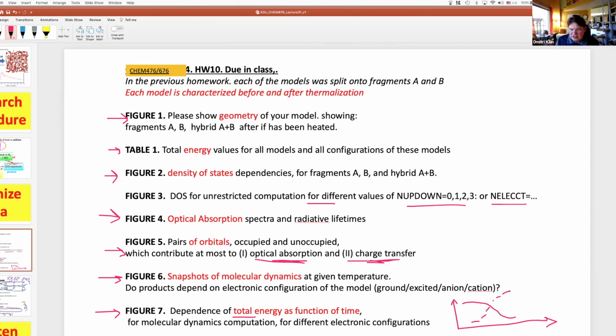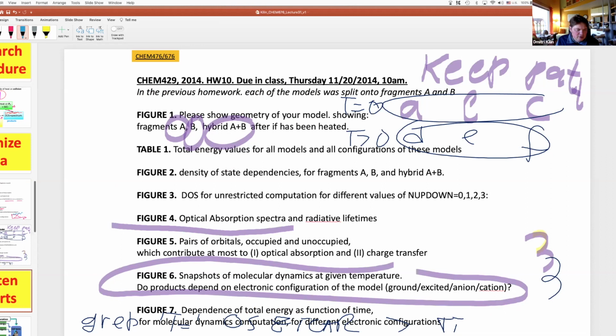So if you see energy over time not oscillating as you may have seen before, but drastically changing by several electron volts, it could be a signature of a chemical reaction, or another way to see a chemical reaction. Okay, enough.